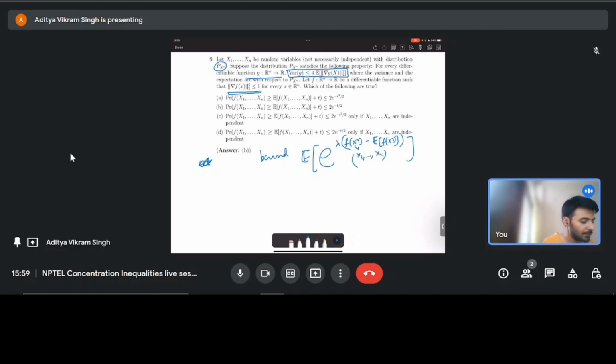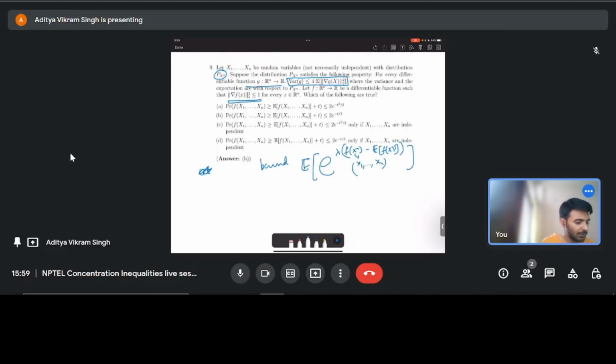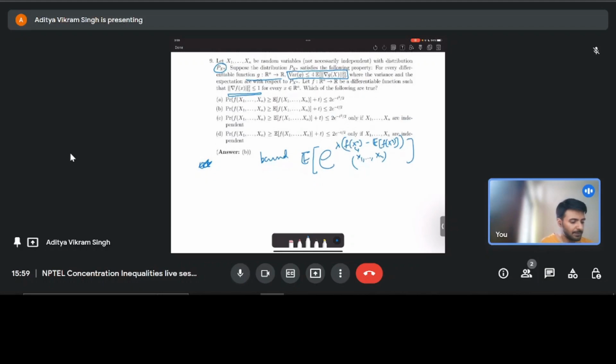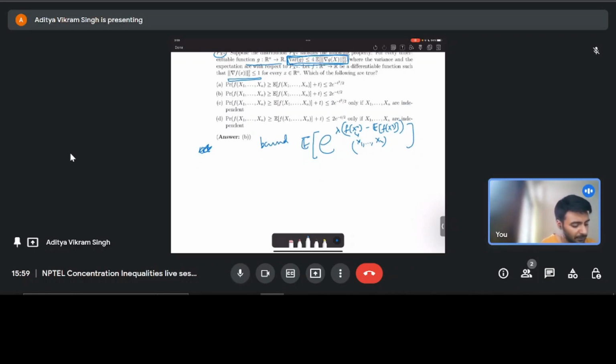We somehow want to utilize the fact that p satisfies this bound on the variance of g. For that, we define a function: let g of xn be e power lambda by 2 times f of xn.